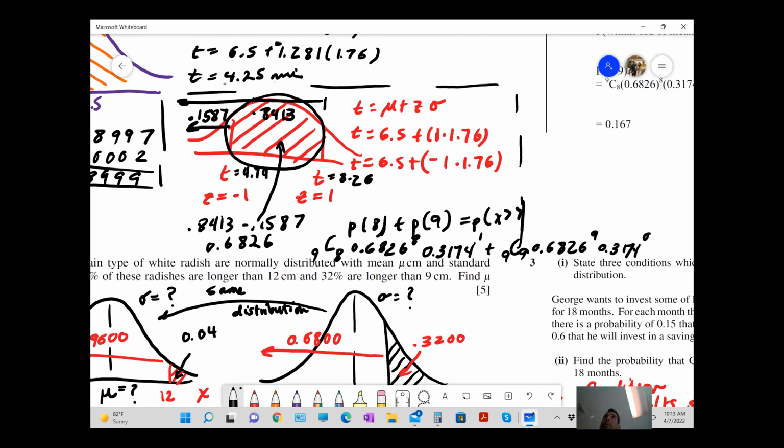When you do it on your calculator, it says so. But if I were to do it here, 9 nCr is n factorial divided by n minus r factorial times r factorial.